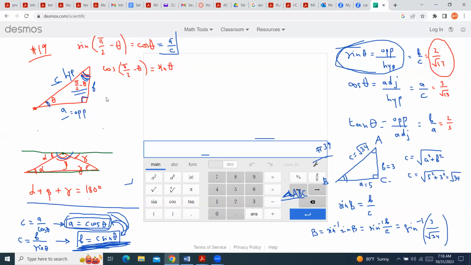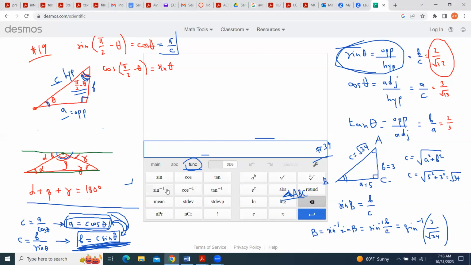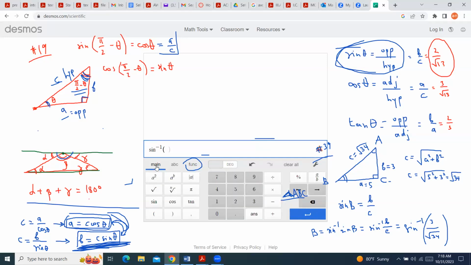So remember where we used to get the arc sine from? Functions menu, right? Because it's not here. So you always go for functions menu, you find arc sine, then you go back to main menu where the numbers are and start entering your fractions. So it's 3 divided by square root 34.